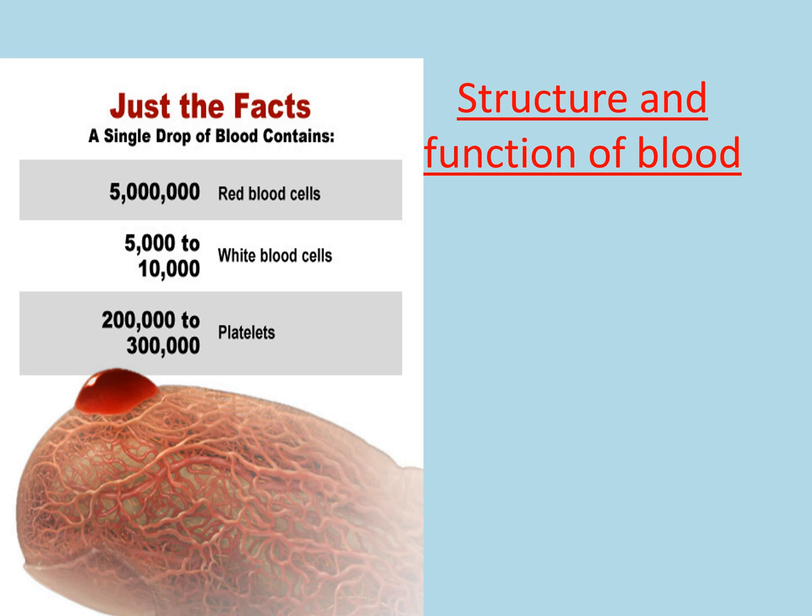So here we can see, I hope nobody's feeling a little bit okay, we've got a little drop of blood on the end of somebody's finger. And just some facts, a single drop of blood contains approximately 5 million red blood cells, between 5,000 to 10,000 white blood cells, and between 200,000 to 300,000 platelets.